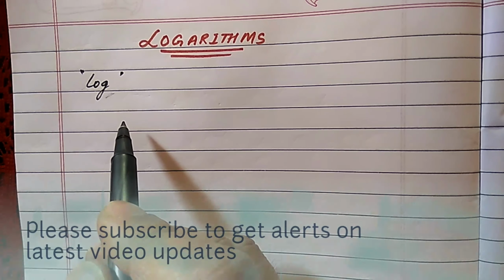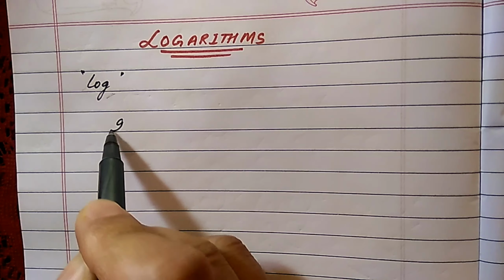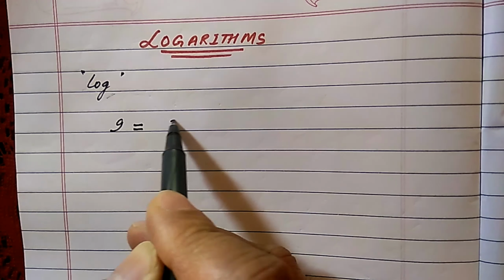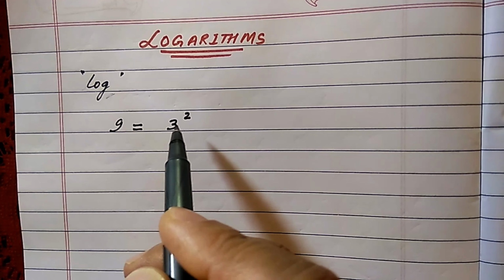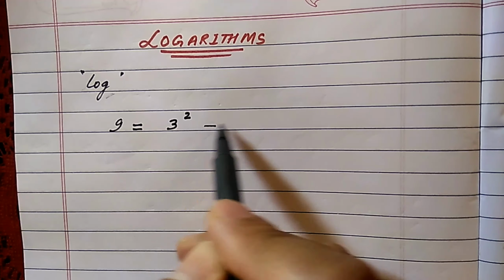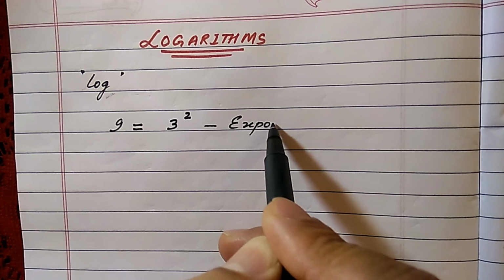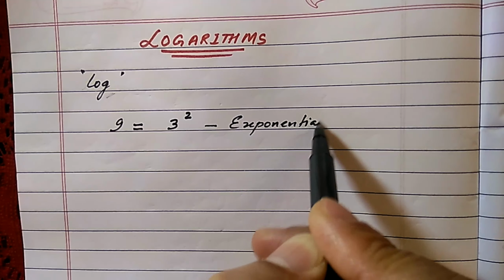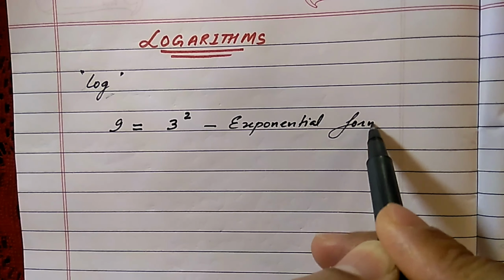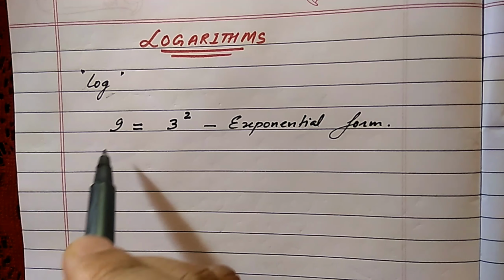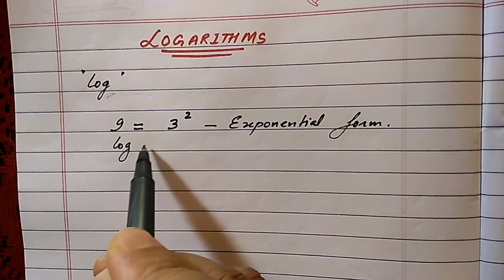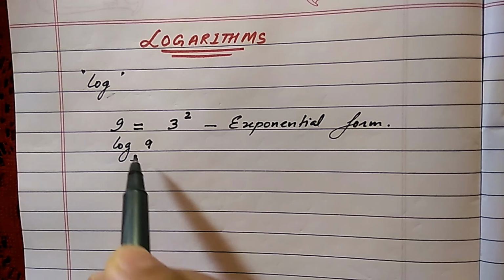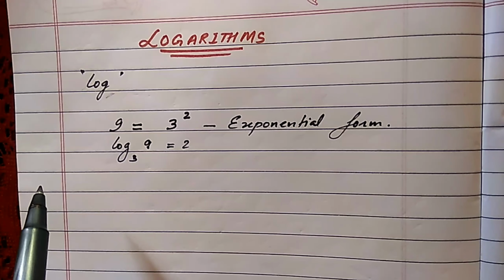Say for example, we know 9 can be written as 3 squared. And this is called the exponential form. The same thing can be written like this.